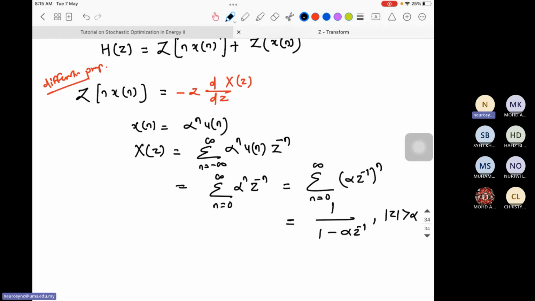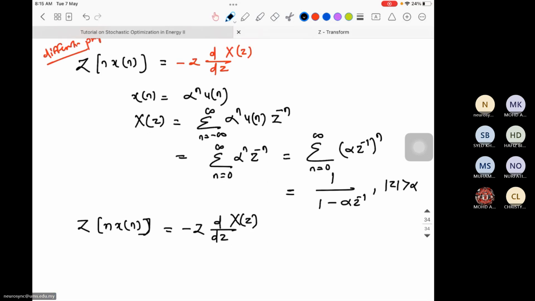Now we need to find, using the differentiation property, the z transform of n x of n, which is equal to minus z d dz of x of z. Correct? Now, d dz of x of z is what?